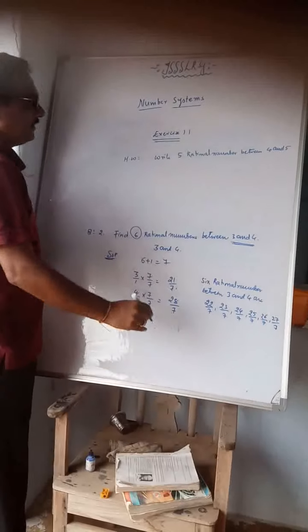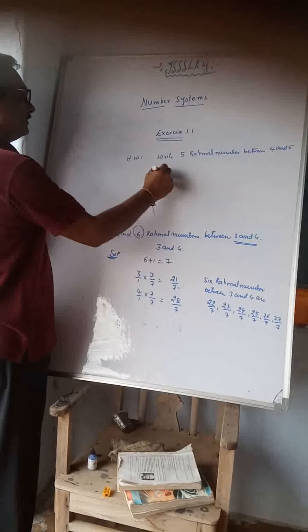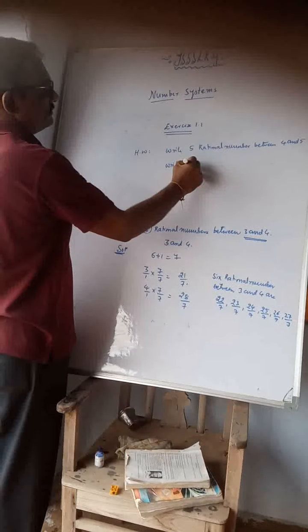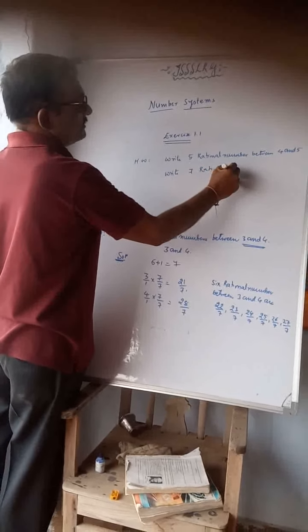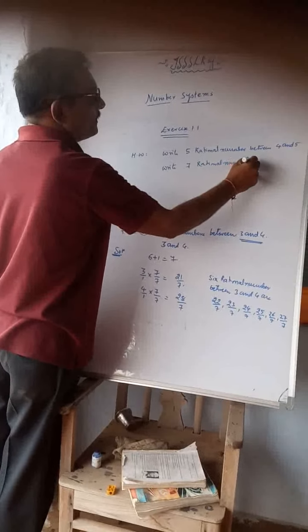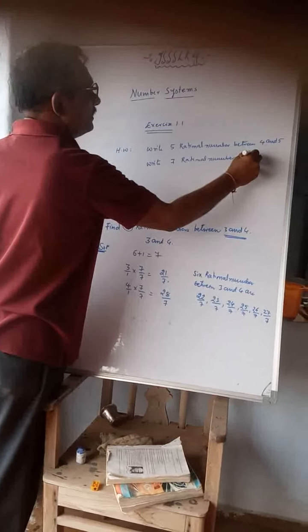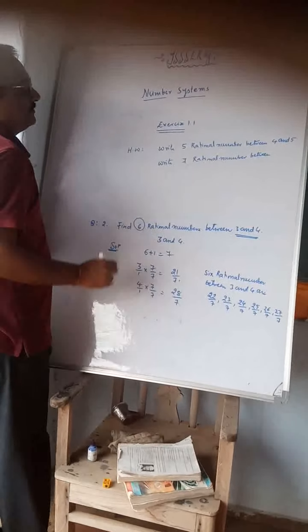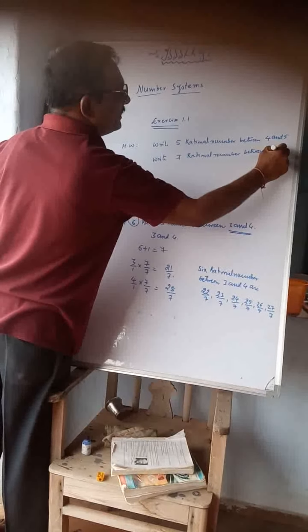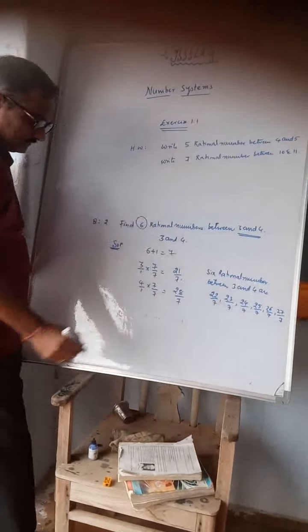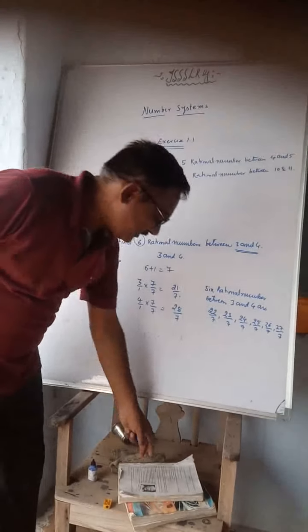Write 7 rational numbers between, we can take 10 and 11. Let us go for another problem.